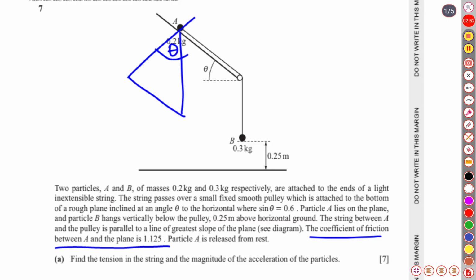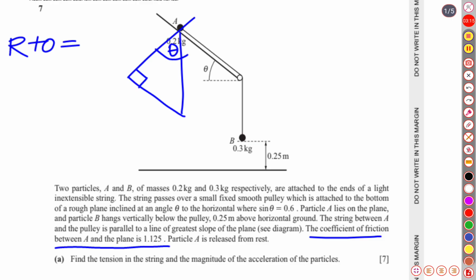Well, after that, it's a right angle triangle now. So let us find R, the normal reaction. First of all, R plus, as there is no upward force, it is nothing but 0.